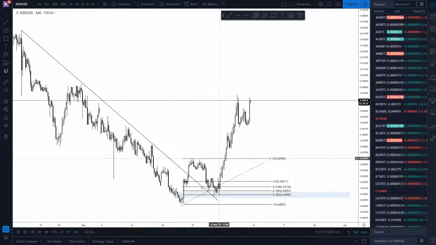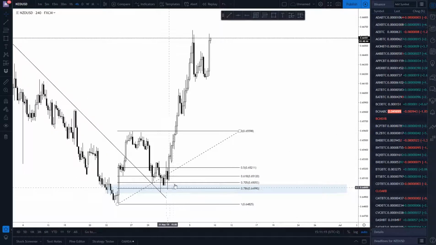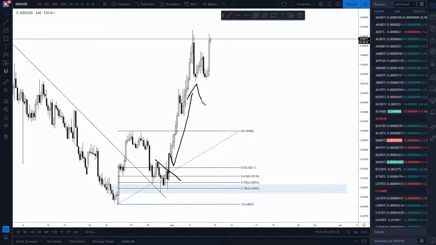The New Zealand dollar is a little bit more all over the place here, price is just consolidating, making this trend line here on lower time frames before breaking up and continuing higher. But you can still use this, and you still want to be in this general area.